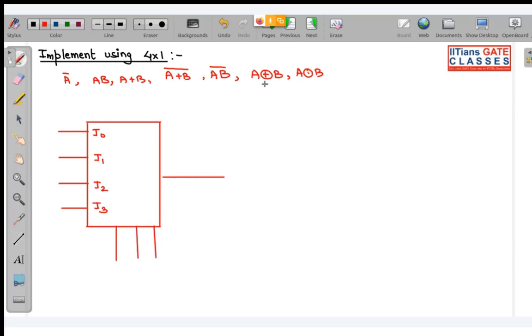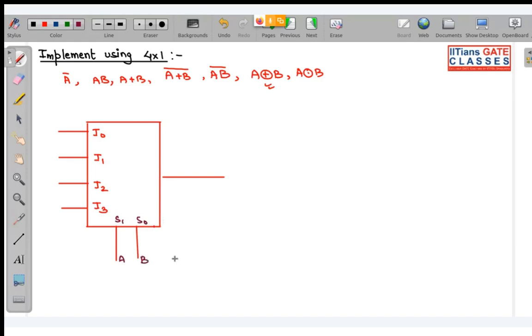Suppose I want to construct this function. So how can I do it? This is S1, this is S0. So always remember, I will place the variables in the selection lines.